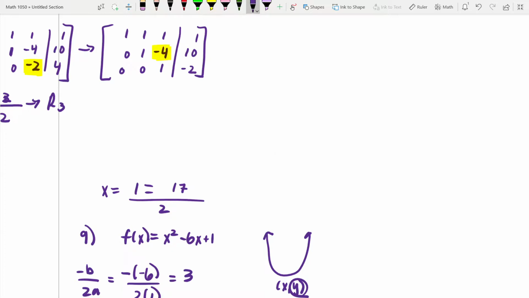Okay, everybody freeze right here. If I used row 1, I would have to multiply row 1 by a 4 and then add it to row 2. And this would be a 4 and it would mess that up. So in that step right there, which is step 7, I cannot use row 1.